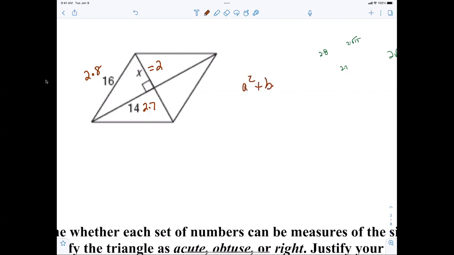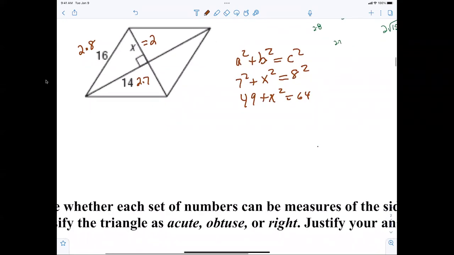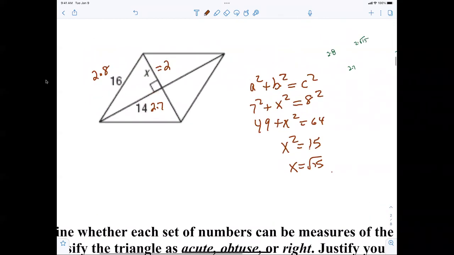A squared plus b squared equals c squared. 7 squared plus x squared equals 8 squared. 49 plus x squared equals 64. X squared equals 15. X equals square root of 15. So that means this over here is 2 radical 15.